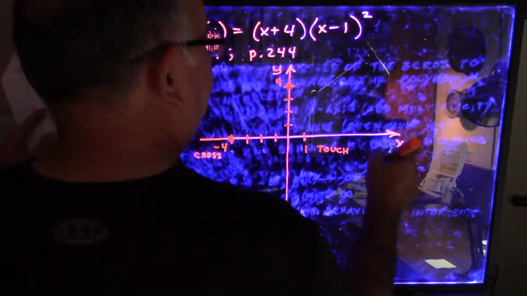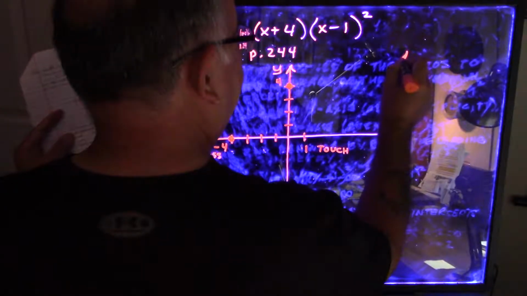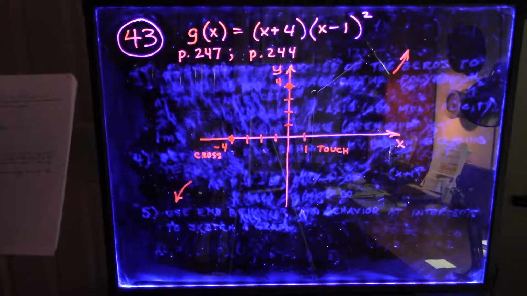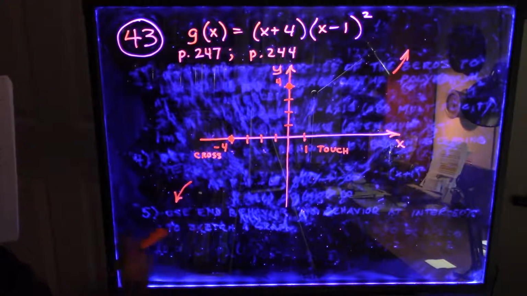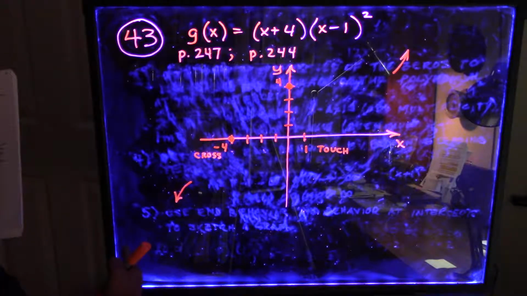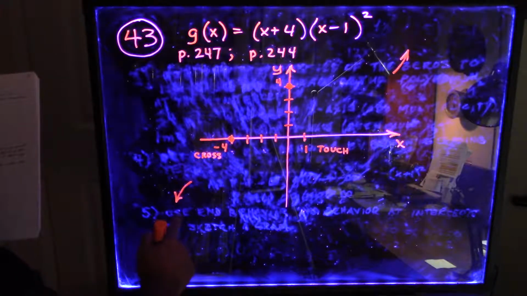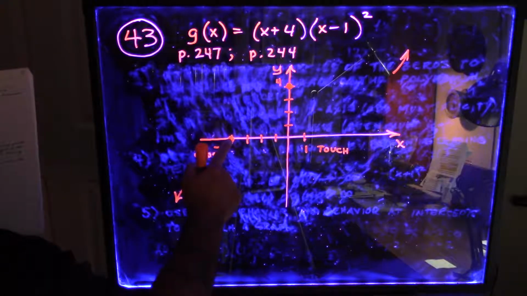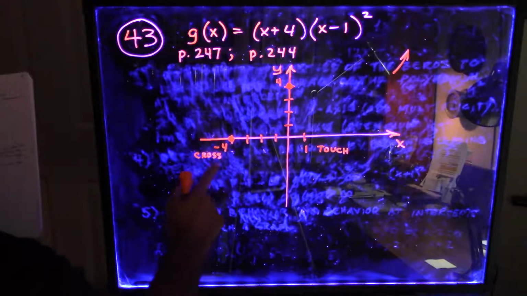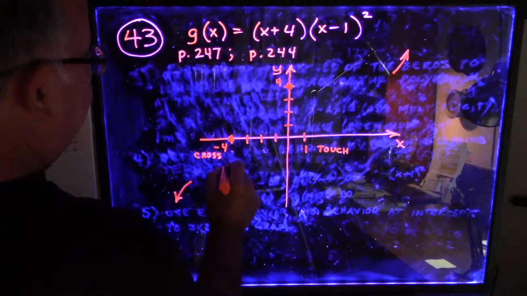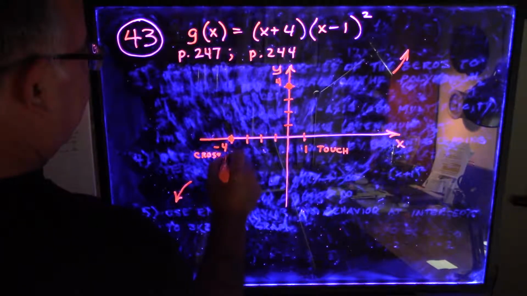And as x goes to the right, g of x goes to positive infinity, so something like this. So way out here, we know that g of x is below the x-axis. It's going to negative infinity. Where does it start to become positive? Right there. It crosses through there. So it's going to look something like this.